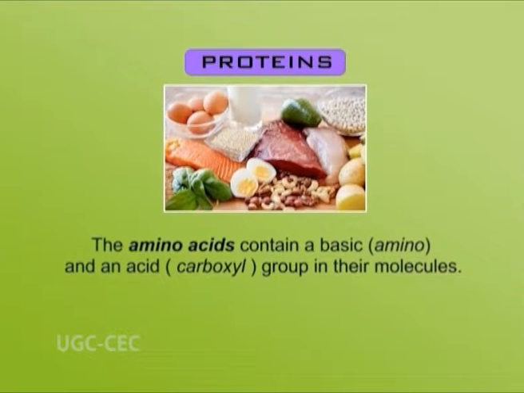The amino acids contain a basic, that is an amino, and an acid, a carboxyl group in their molecules. The presence of these acidic and basic groups in the constituent amino acids is responsible for the amphoteric nature of proteins. The amphoteric nature of protein is very important from the biological point of view as it prevents a sudden change of pH in the body.